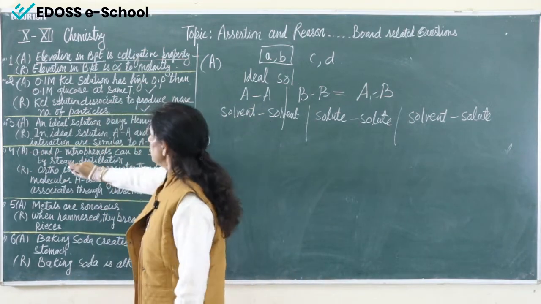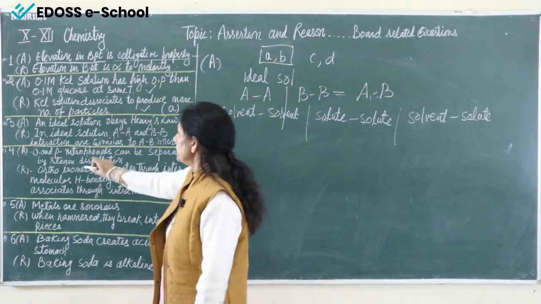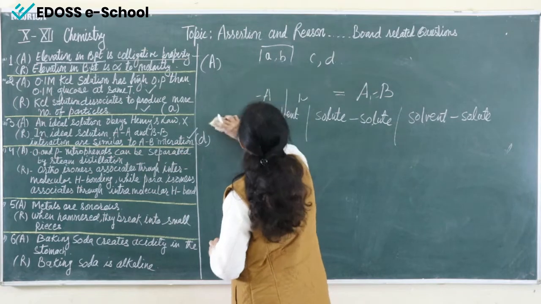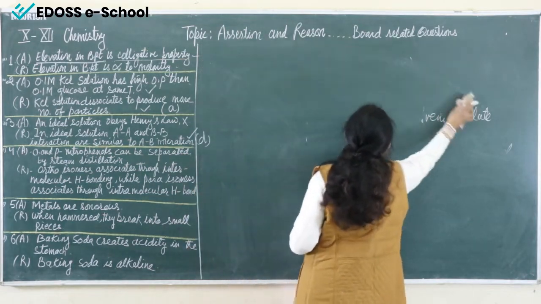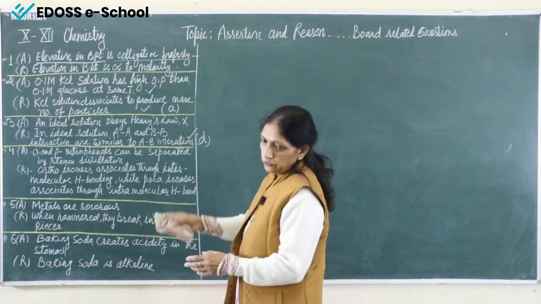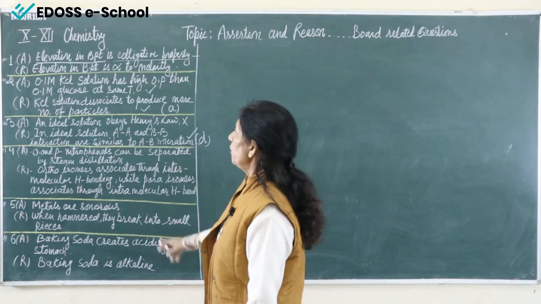Fourth, here we can say ortho and para nitrophenols can be separated by steam distillation. Now see here. Now this is from your organic chemistry. These three questions were from solution. Now this is from organic.